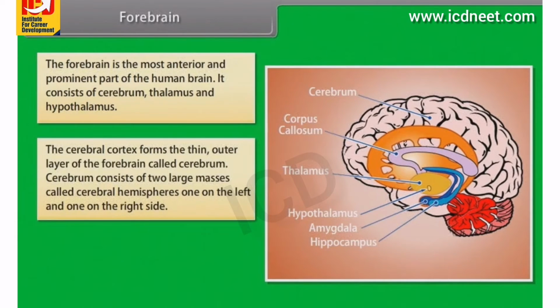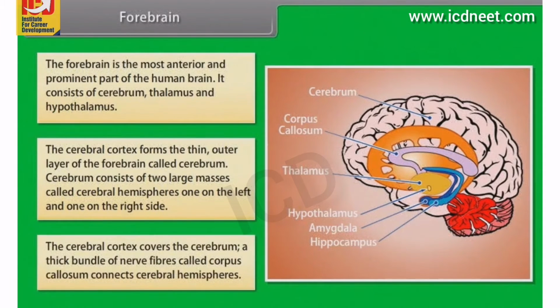The cerebral cortex forms the thin outer layer of the forebrain called cerebrum. Cerebrum consists of two large masses called cerebral hemispheres, one on the left and one on the right side. The cerebral cortex covers the cerebrum. A thick bundle of nerve fibers called corpus callosum connects the cerebral hemispheres.